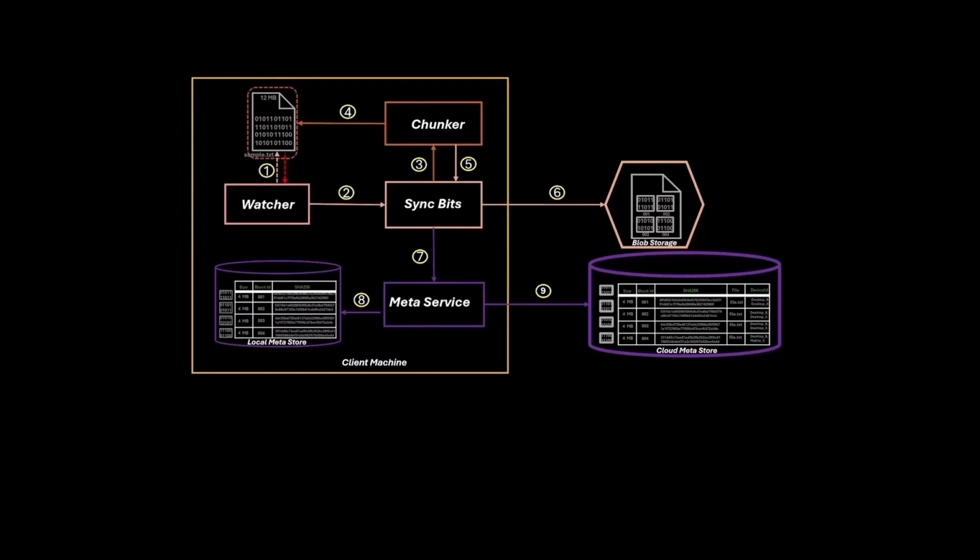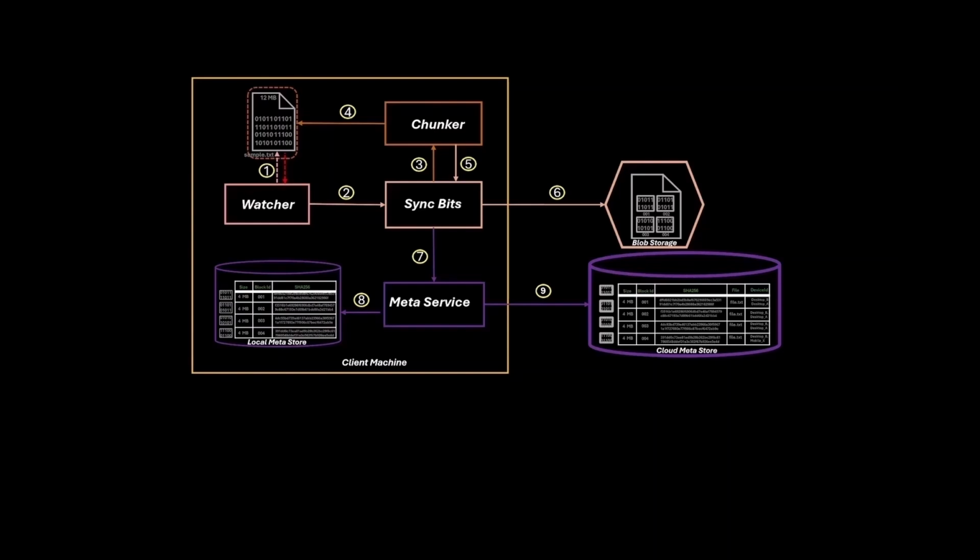In the first part, what we have discussed is that a new file was created inside the folder which the watcher was constantly looking at for any changes. The watcher then sends that file path to the sync bits, and the sync bits ask the chunker to chunk that file. The chunker chunks the file and sends the chunking detail back to the sync bits.